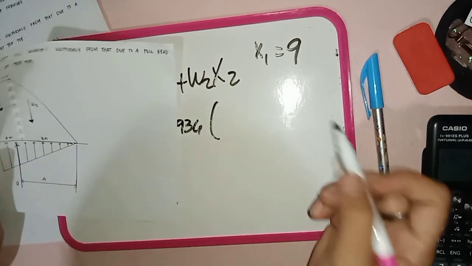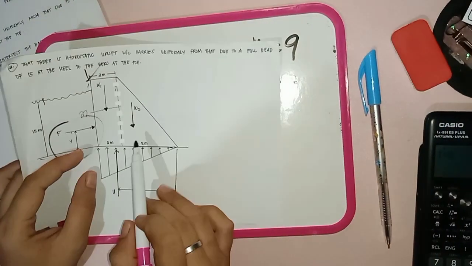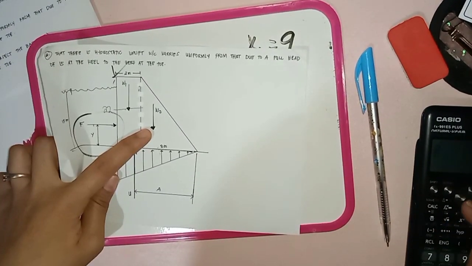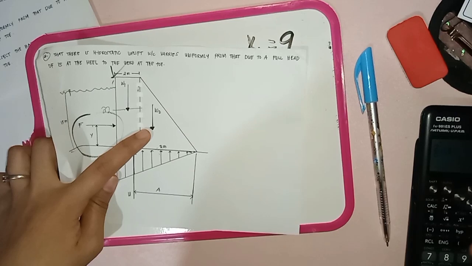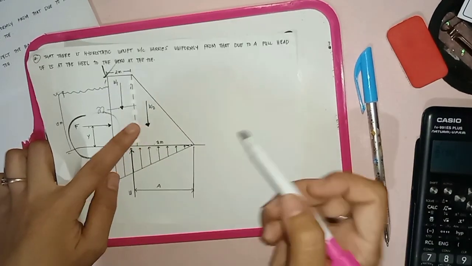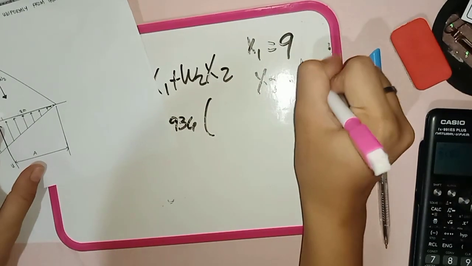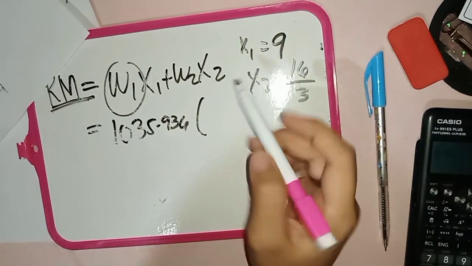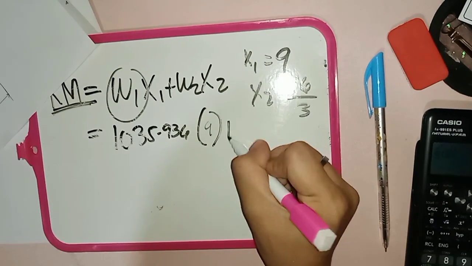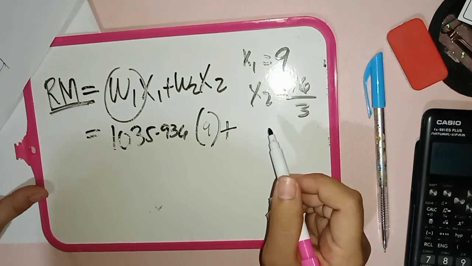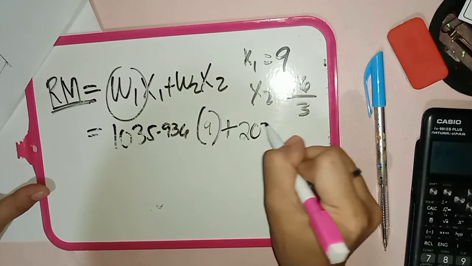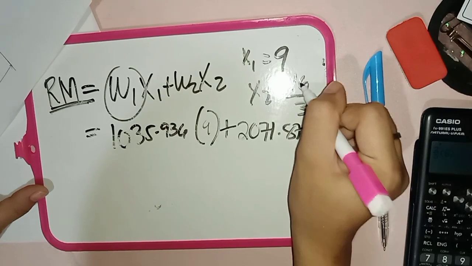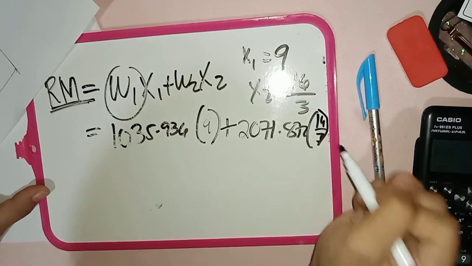Then our x2, for our triangle, is 2/3 times 8, which is 16/3. So our x1 of 9 plus our weight 2 of 2071.872 times 16/3.